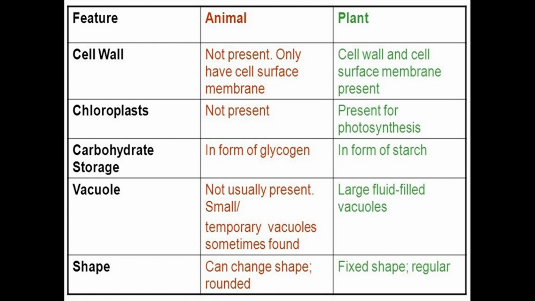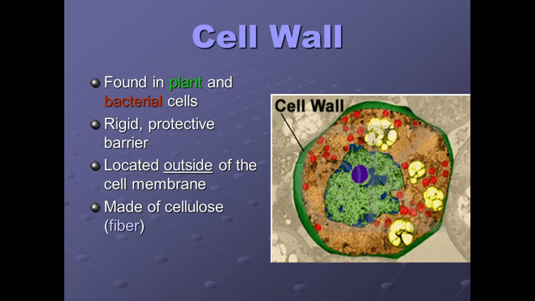But in an animal cell, the shape changes and sometimes they are rounded. Now we go towards the components of the cell.